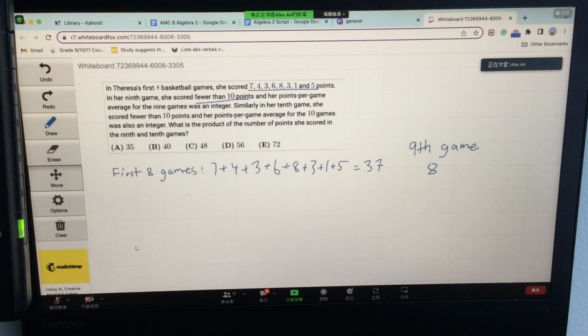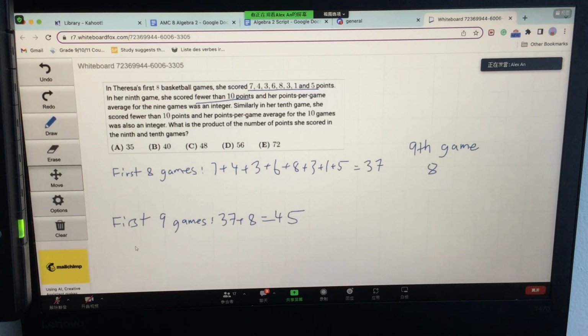And it's also less than 10. So for the first 9 games, her score is 37 plus 8 equals 45.